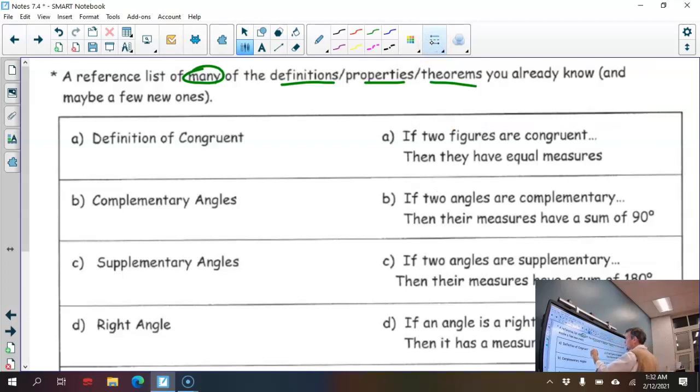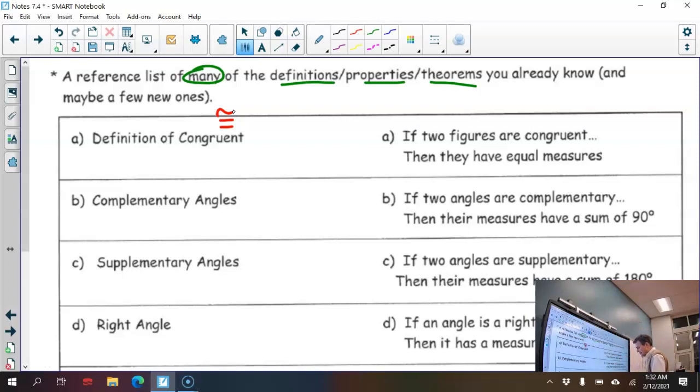Do we know the symbol for congruent? The symbol for congruent is an equal sign with a little wavy line over it. I've written all of these as if-then statements because I think they're more understandable to use in a proof this way. So it says, if two figures are congruent, then they have equal measures. That is the definition of congruent.